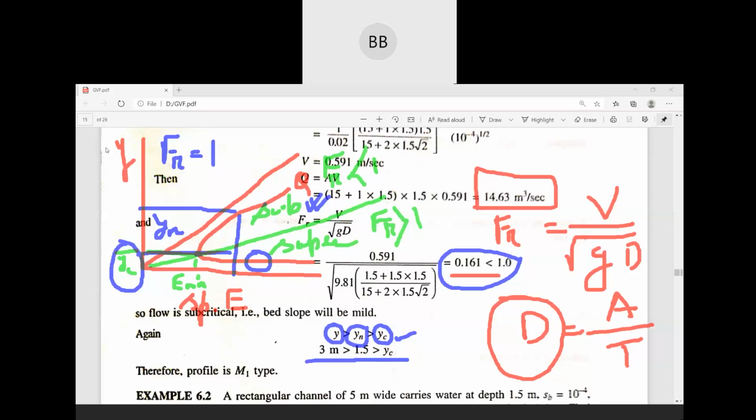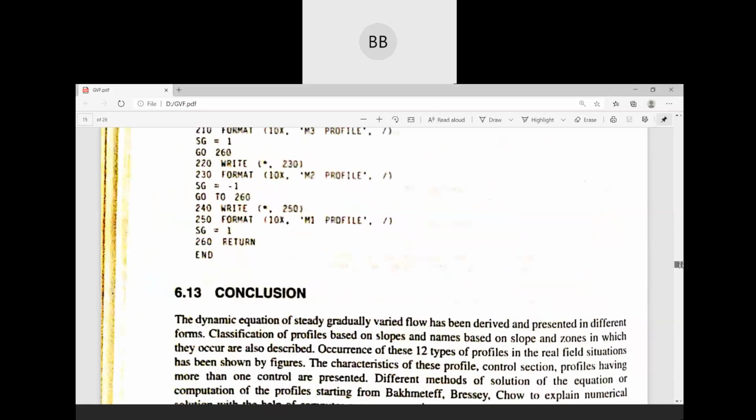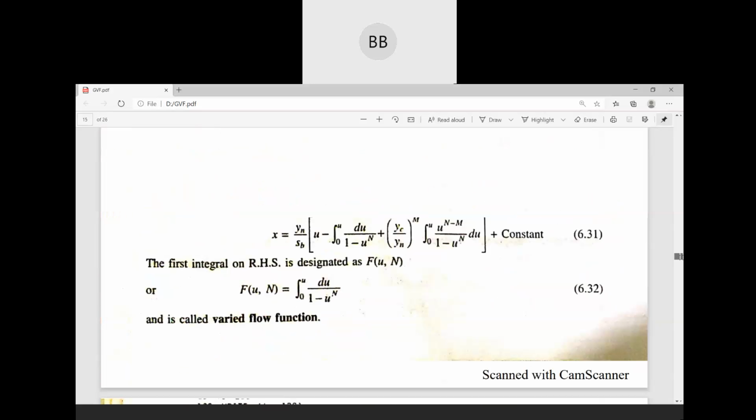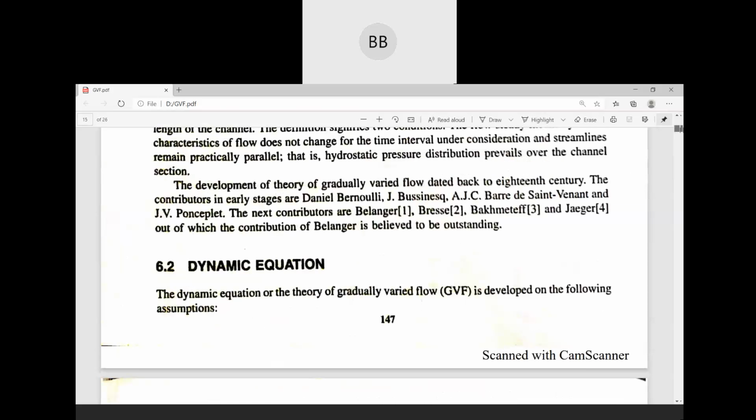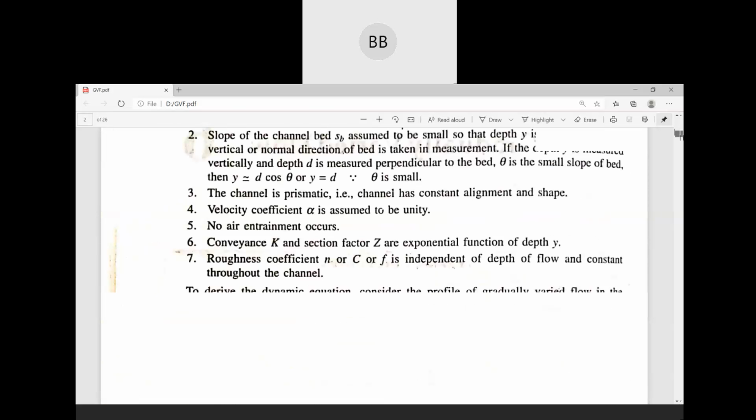Now we have to identify the profile. Your YN value is 1.5 meter and the YC value is not given. When YC is less than YN, the slope is mild.